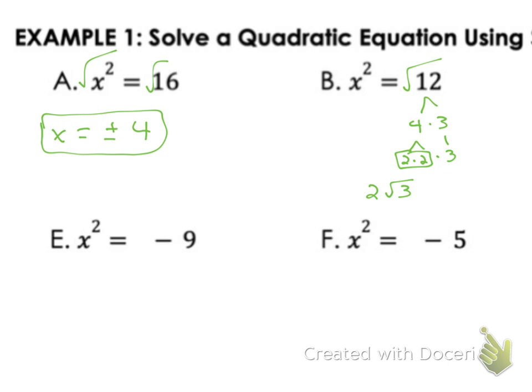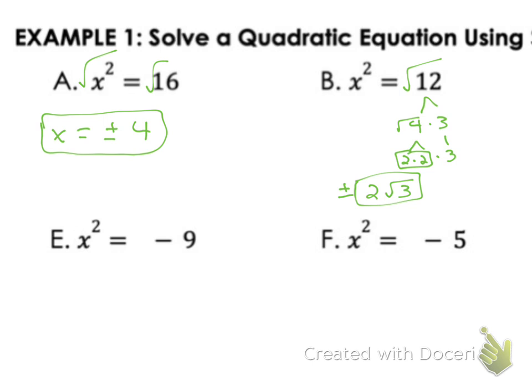I always take out the number of the perfect squares as I do that. And that should be plus or minus 2 square root of 3. So silly of me. Right. So if you graphed that, that would cross the x-axis at like 2.1 something.